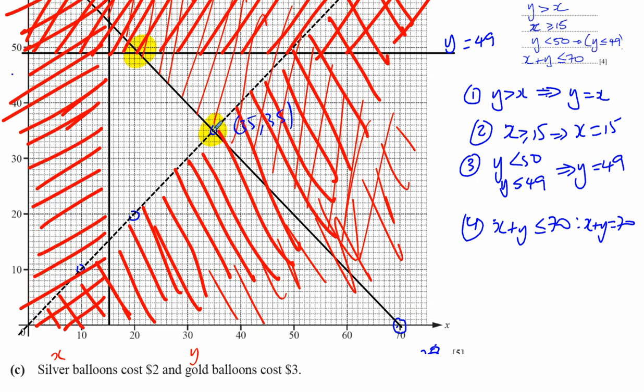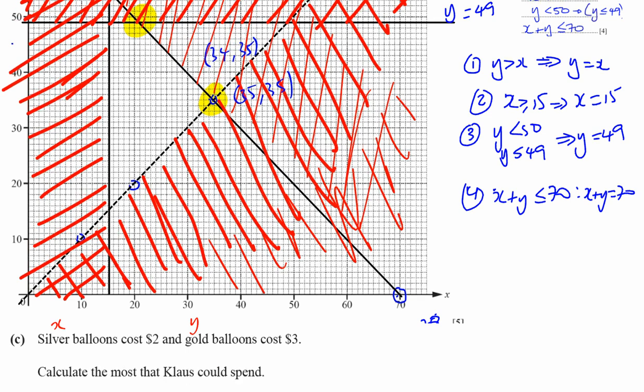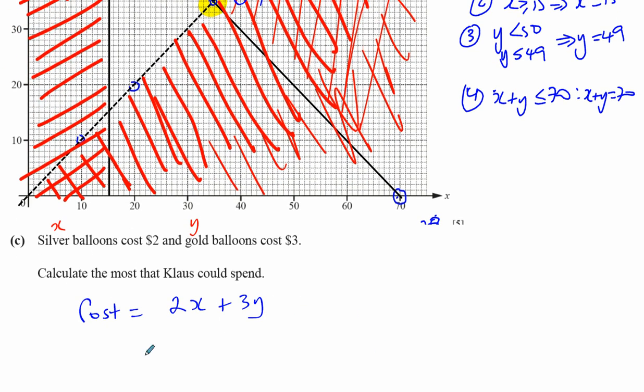So what you can do is go to a place close to the corner. For example, I can go to a place next to it, which is going to be 34 and 35. At that point, the number of gold balloons is bigger than the number of silver balloons. So we're going to use the point 34, 35 and put it into this formula.